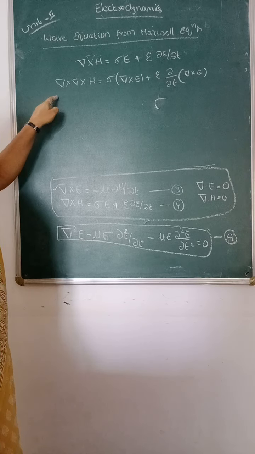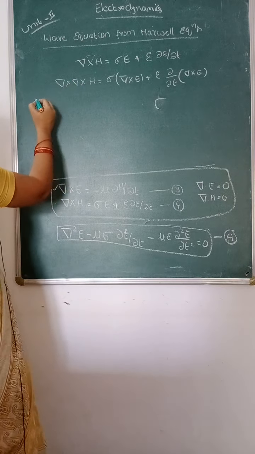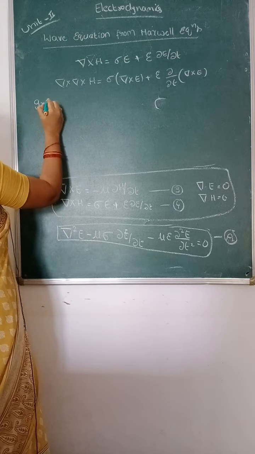The same formula, curl of any vector is gradient of divergence of that vector minus del square of that vector. Hence this equation will be gradient of divergence of H minus del square H is equal to sigma del cross E. What is del cross E? Minus mu dou H by dou T, plus epsilon dou by dou T of, what is del cross E again?